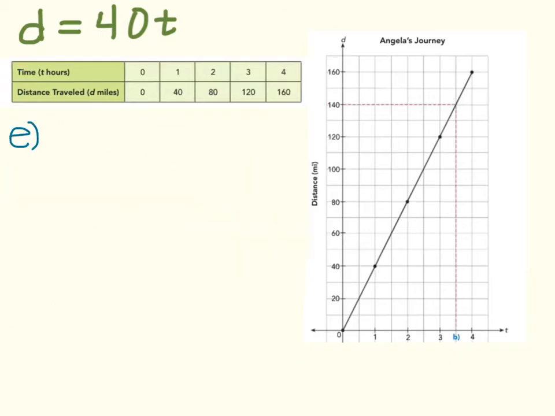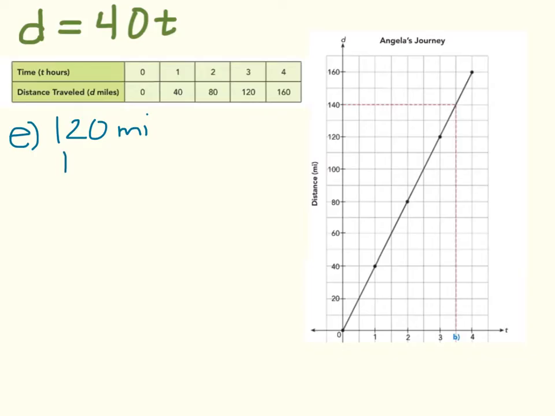Our next question is, if Angela wants to drive at least 120 miles, how many hours will she need to drive? Express your answer in the form of an inequality in terms of t, where t stands for the number of hours.